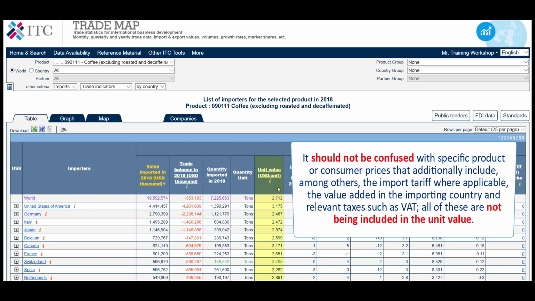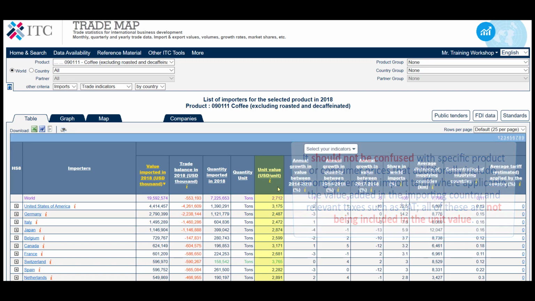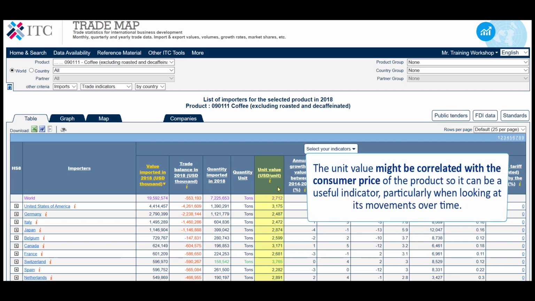But it should not be confused with specific product or consumer prices that additionally include, among others, the import tariff where applicable, the value added in the importing country, and relevant taxes such as VAT. All of these are not being included in the unit value. Nevertheless, the unit value might be correlated with the consumer price of the product, so it can be a useful indicator, particularly when looking at its movements over time.